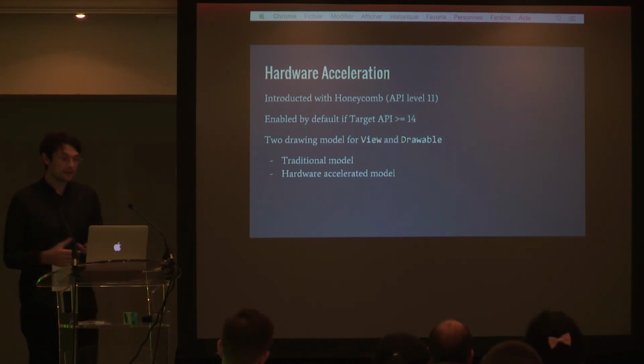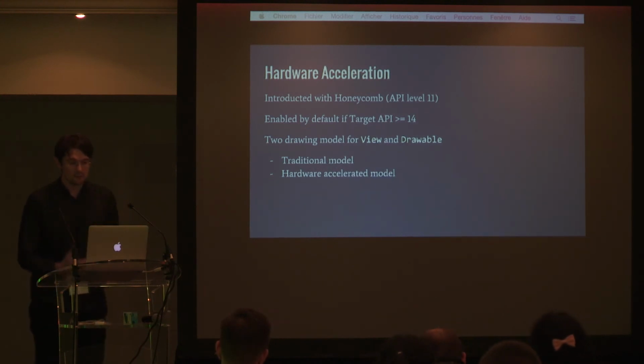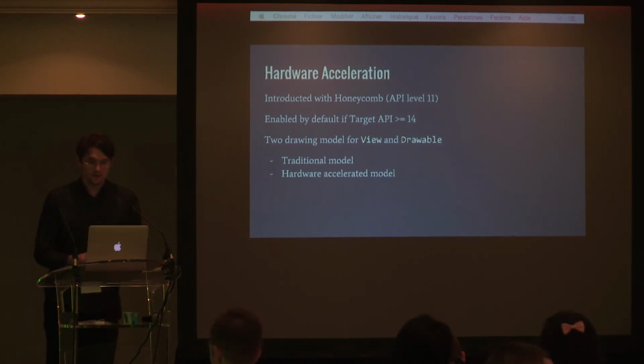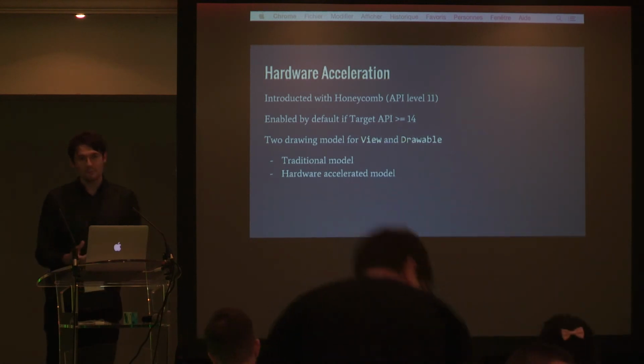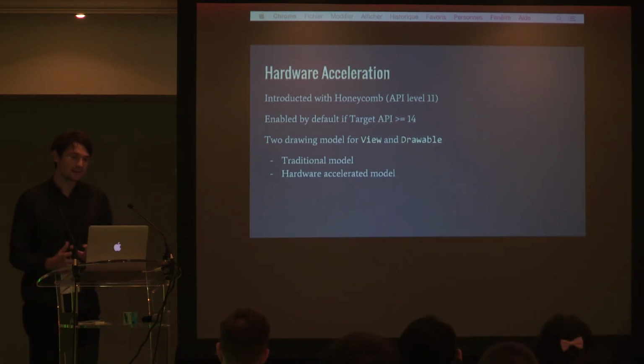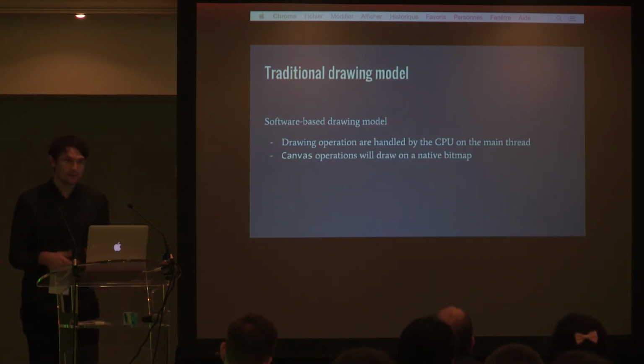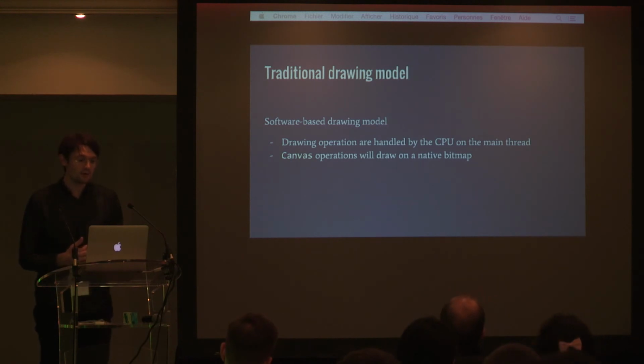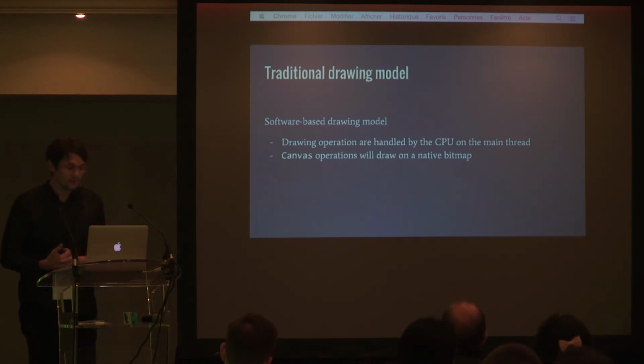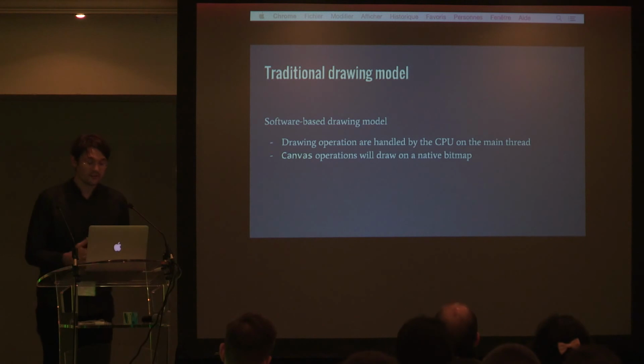So what is hardware acceleration? It's a new drawing model made to accelerate drawing of view and drawable. The basis is to accelerate animation. First, I will talk a bit about the traditional model that was available in Android 2.x versions and is still available today.